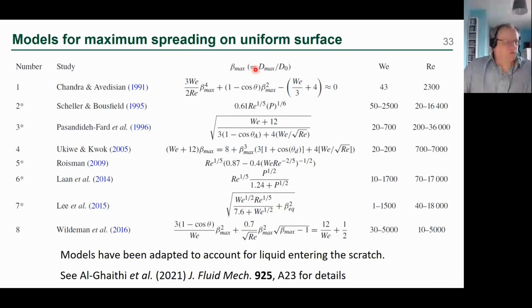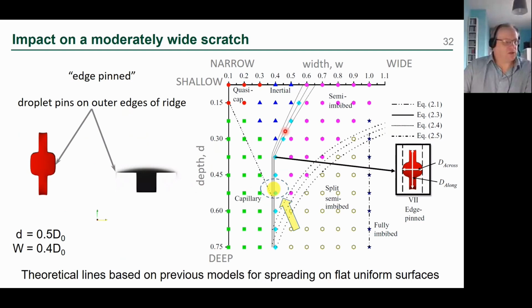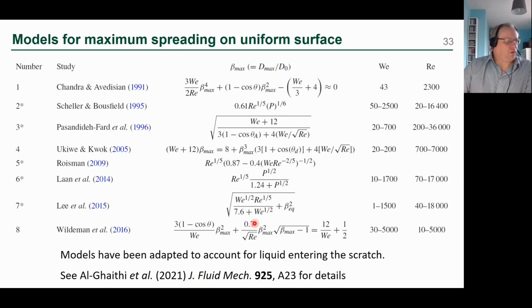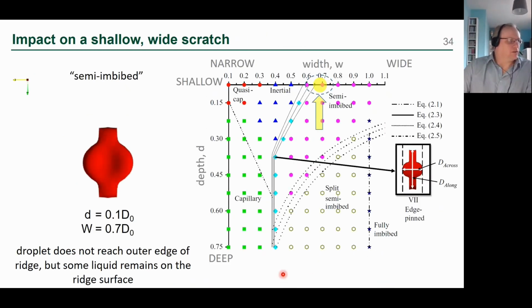So there's a whole load of previous models for spreading on flat surfaces, so uniform surfaces, and here's a collection of them. And the ones with asterisks were used in creating those lines. So those lines actually represent the mean and standard deviation of those models. And you can see they agree pretty well with the numerical predictions in terms of when that occurs. So have a look at Khaled's paper if you want to see more detail on that.